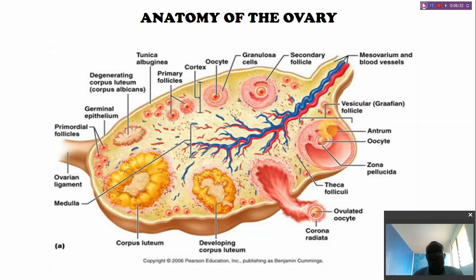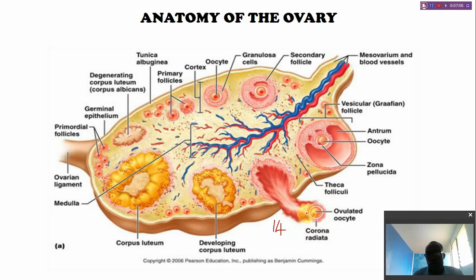That follicle becomes bigger than other associated follicles, and that is what ruptures on the 14th day. You can see the release of an ovum. At that period, the egg is released from that Graafian follicle or the mature follicle, on the 14th day. So the ovum is released. That's what we call ovulation.